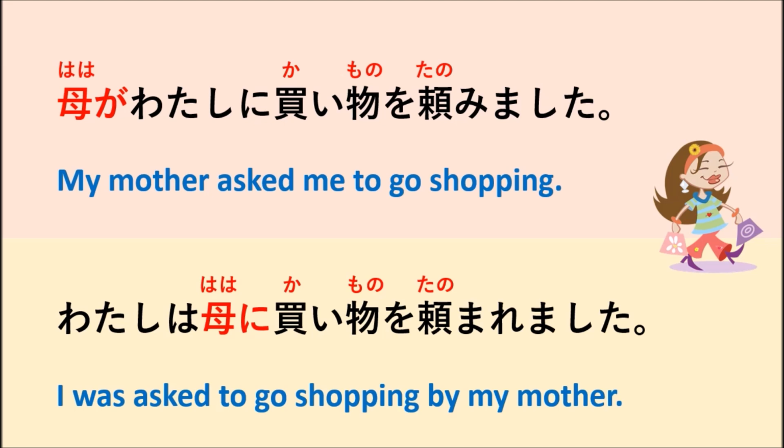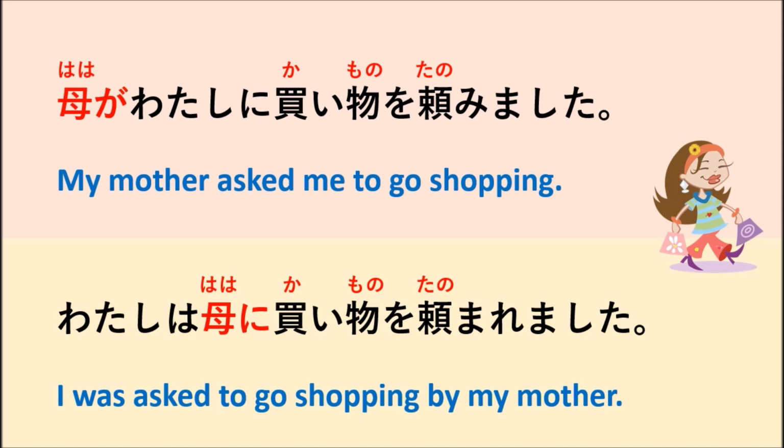And for the second sentence, you see haha ni, right? But the first sentence is haha ga. So by my mother, haha ni kaimono o tanomaremashita, which means I was asked to go shopping by my mother. Or you can say Suzuki-san wa haha ni kaimono o tanomaremashita.